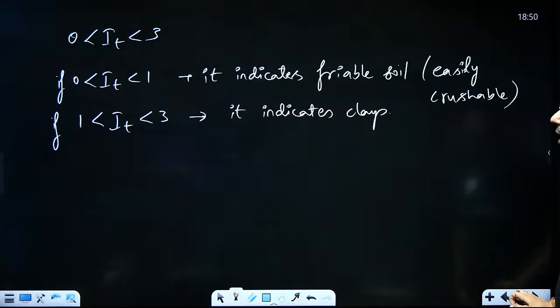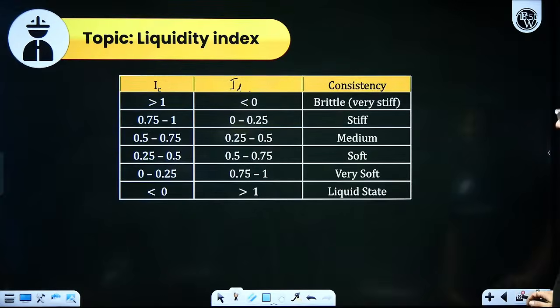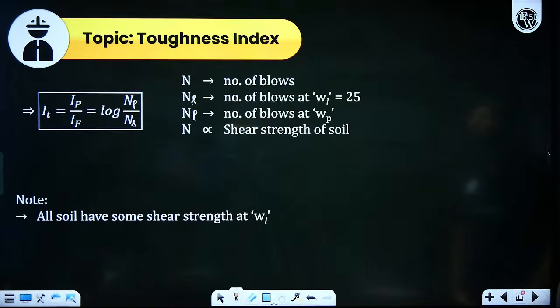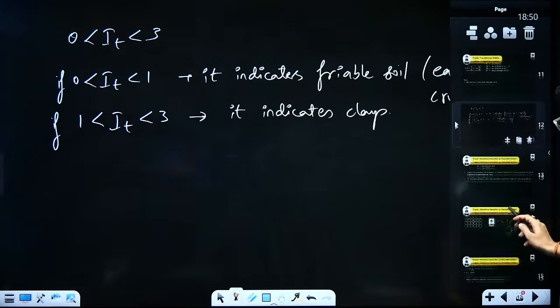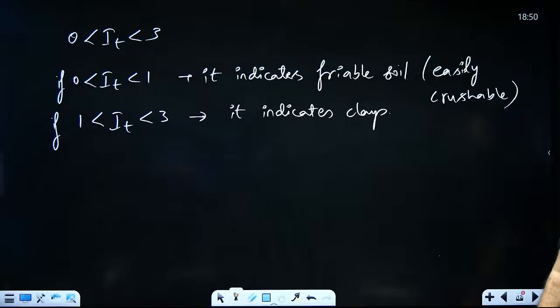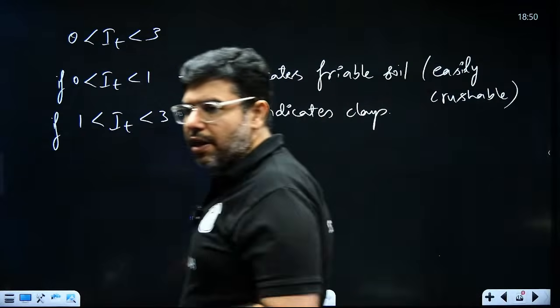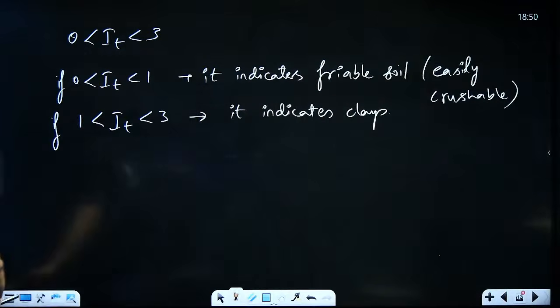So, am I clear till here? This was all about IT. Then I will proceed towards the next index, that is the relative density or the density index. Is it clear? Can I proceed further?